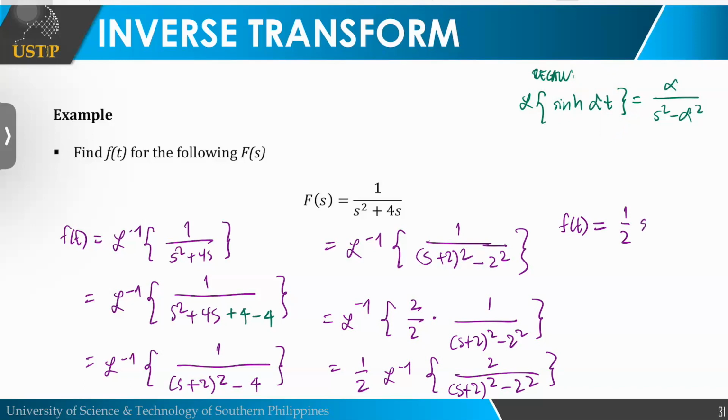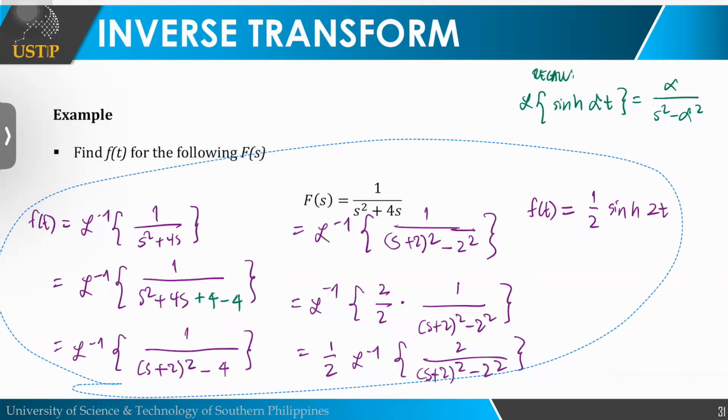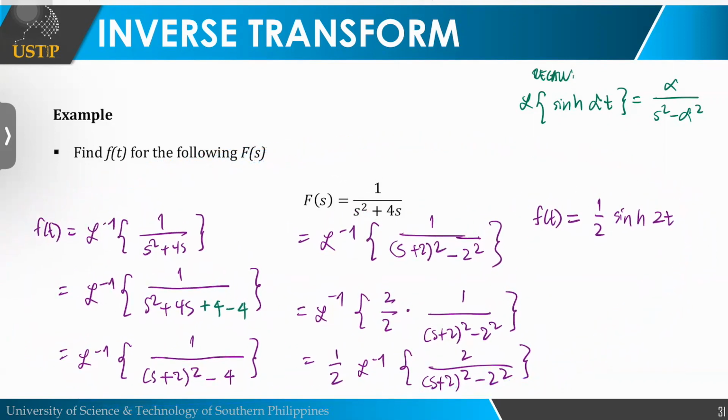Hyperbolic sine of 2t, right? Because your alpha here is 2, so that means the 2 there should also be 2 here. Now, because your s squared is s plus 2 squared, that means there is an exponential function here, which makes it s plus 2.